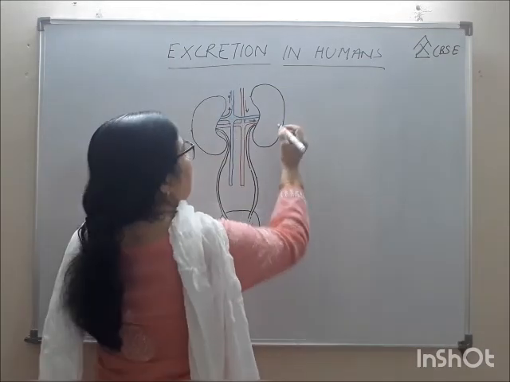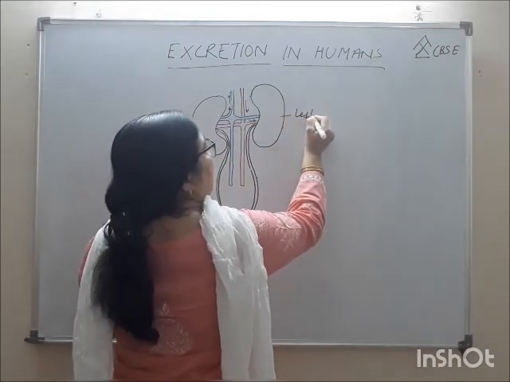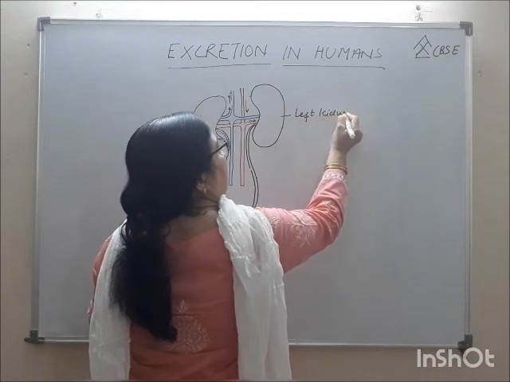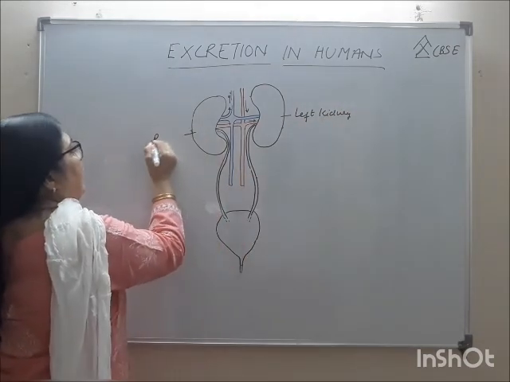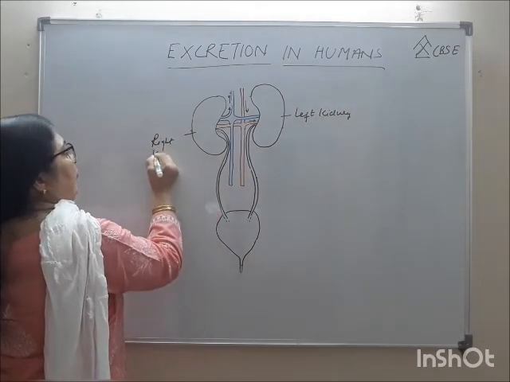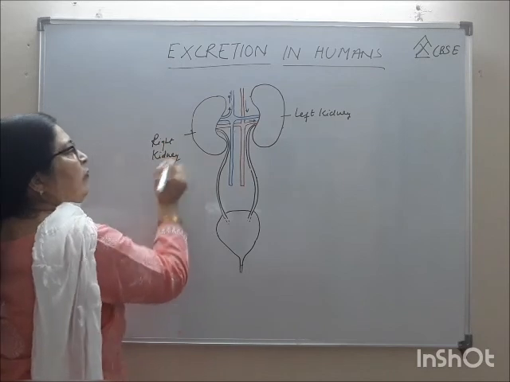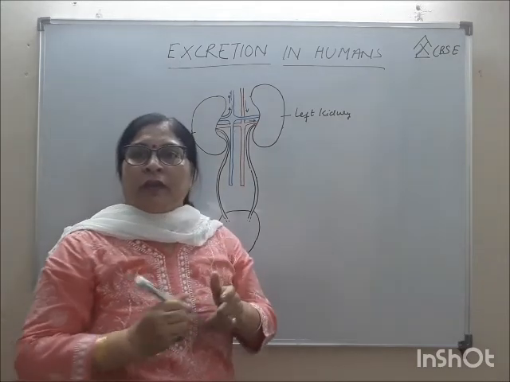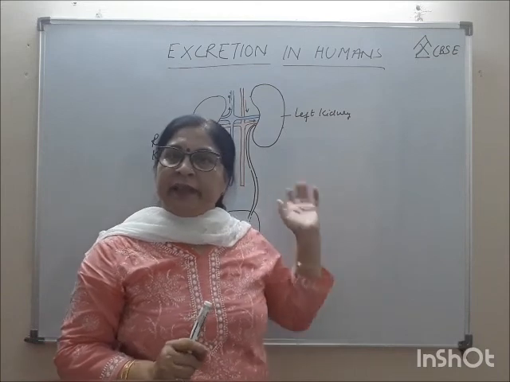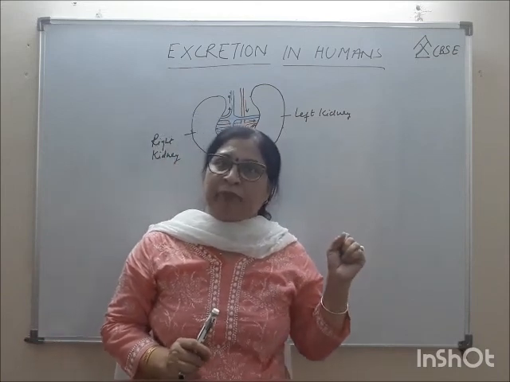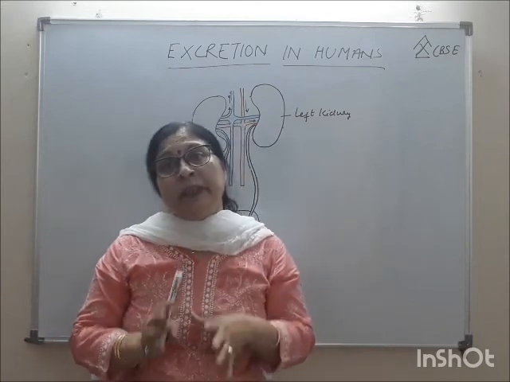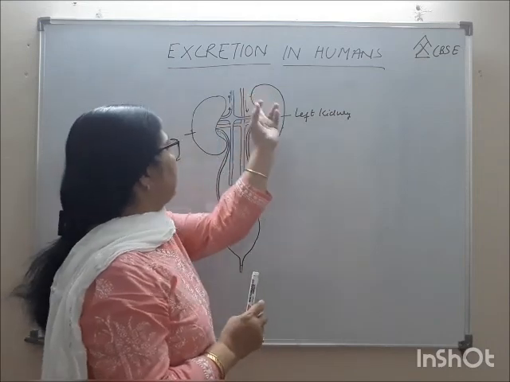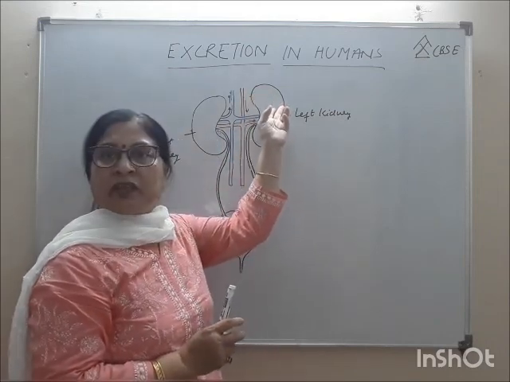So this is the left kidney and this one is the right kidney. There is a pair of kidneys, right kidney and left kidney, and these are bean-shaped structures. You can see here, these are curved, bean-shaped structures.